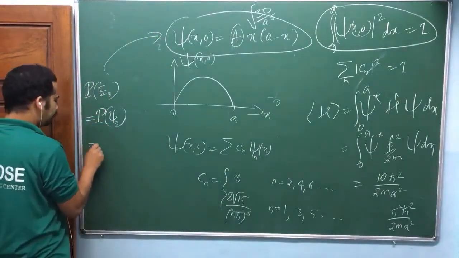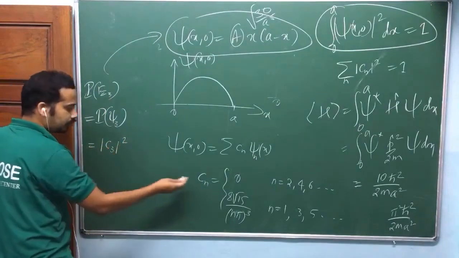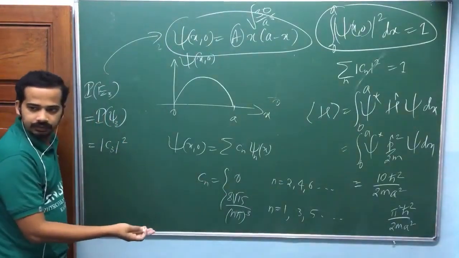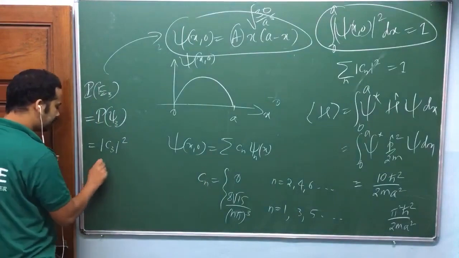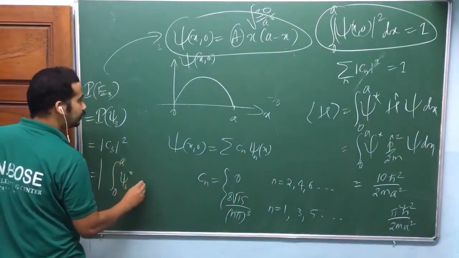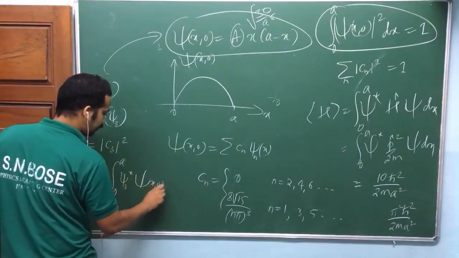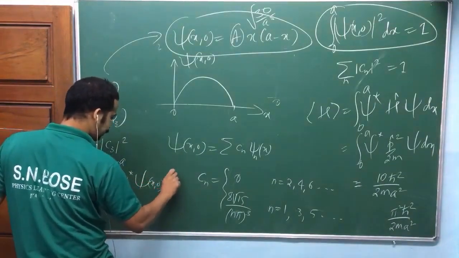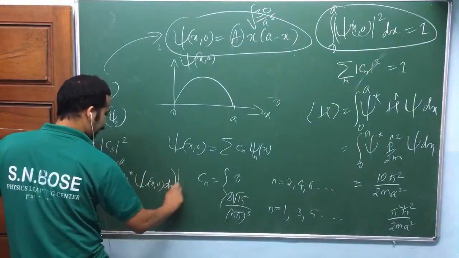then you go for |C3|^2. Don't go for Cn. Directly go for C3, which is the integral from 0 to a of psi 3 star into psi of x comma 0 dx, mod square.